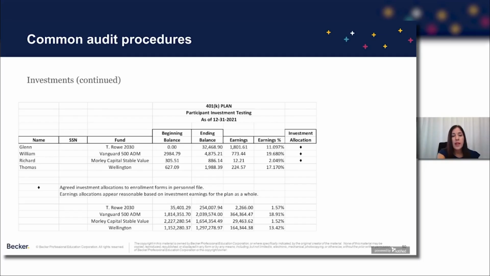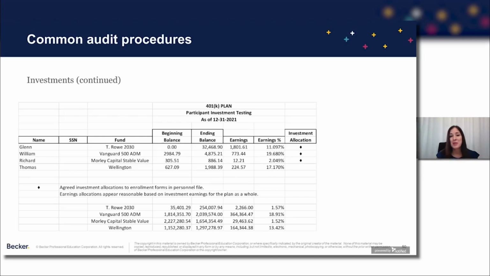So we look at that Vanguard 500 for the plan. The plan's total assets in Vanguard at the beginning of the period were 1.8 million. At the end was 2 million. Did the same calculation of the earnings as a percentage of the average balance. And for the plan as a whole, that investment had 18.9% earnings compared to the 19% allocated to William's account.